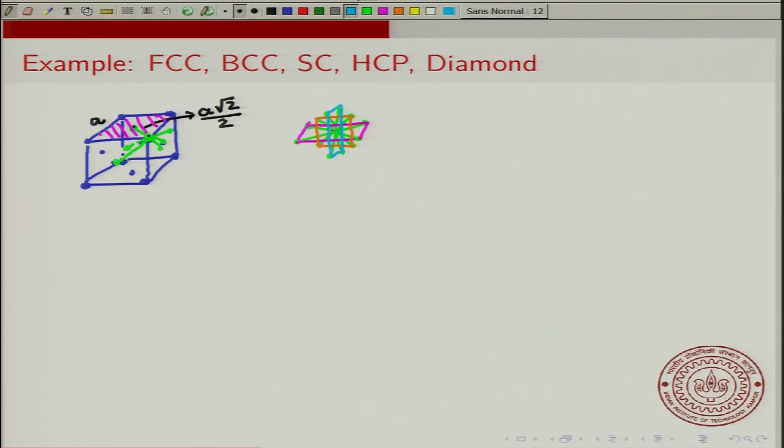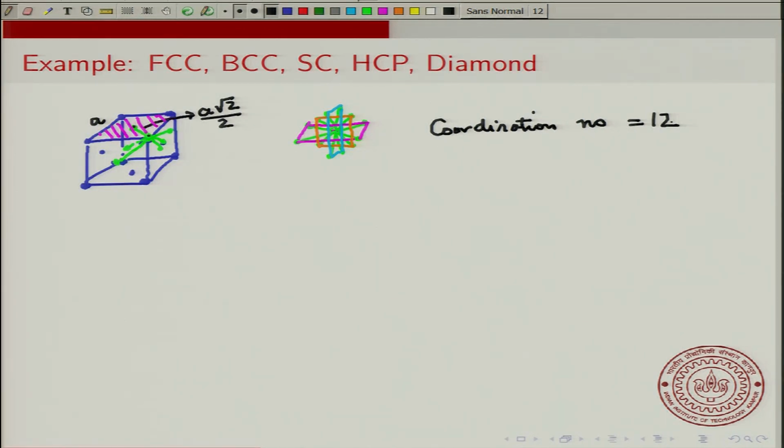So you can easily see that the central atom has 12 of these atoms as nearest neighbors. So coordination number equal to 12. And since FCC is a Bravais lattice, every atom is identical, so the coordination number of every atom is 12.